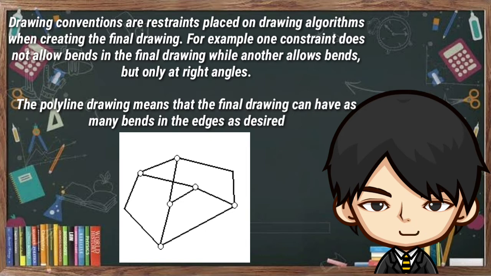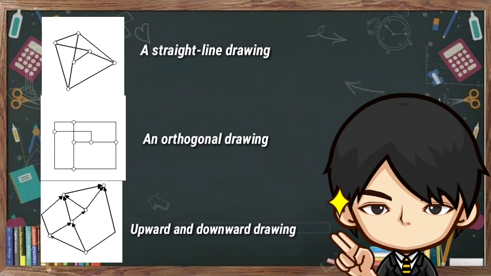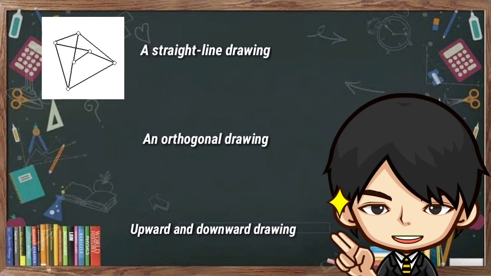A straight-line drawing has only straight lines in it, so there are no bends. In the drawings shown, 1 is a straight-line drawing, 2 is an orthogonal drawing, and 3 follows the convention of upward and downward drawing of graphs.